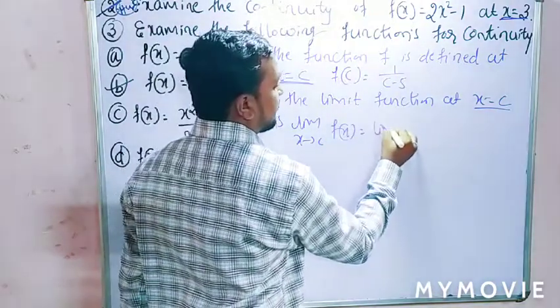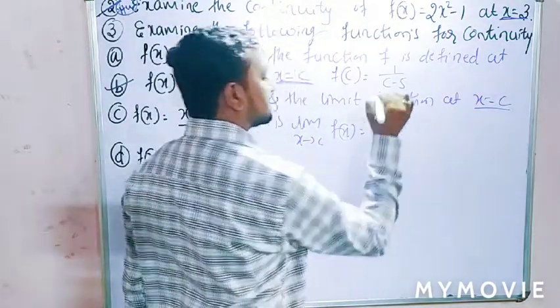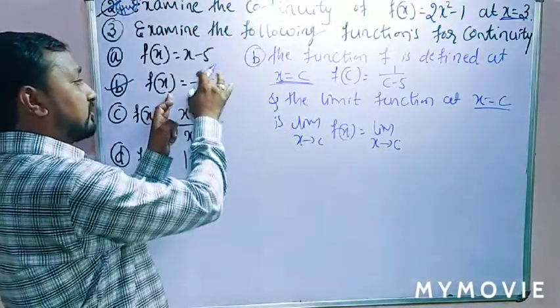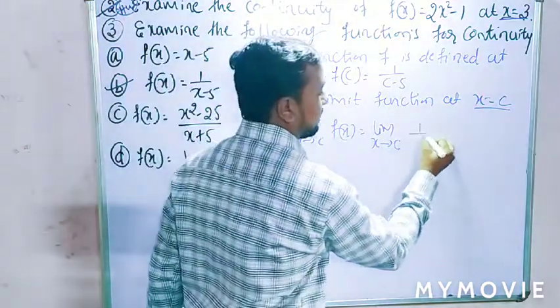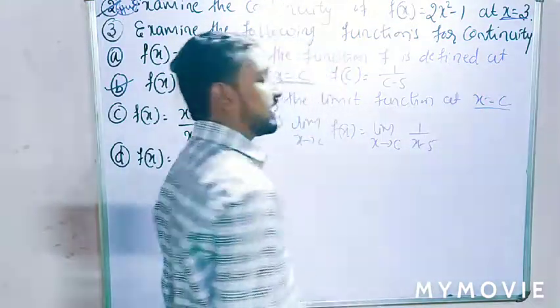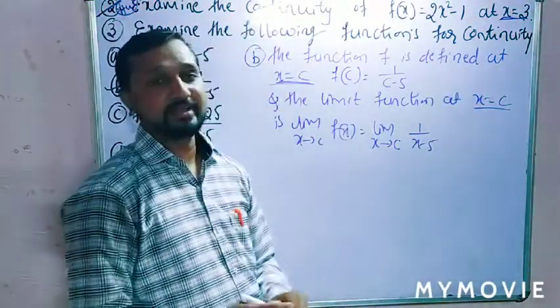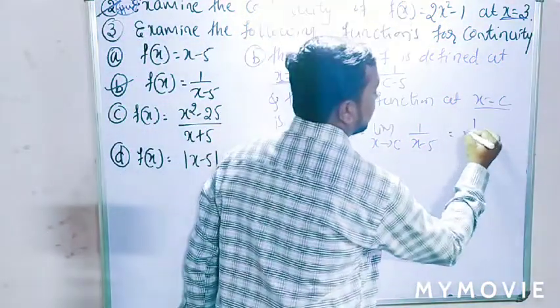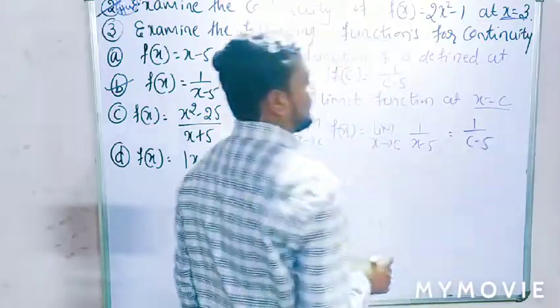What is f of x corresponding to this? Our f of x is 1 divided by x minus 5. Then apply the limit as x tends to c. So the answer is 1 divided by c minus 5.